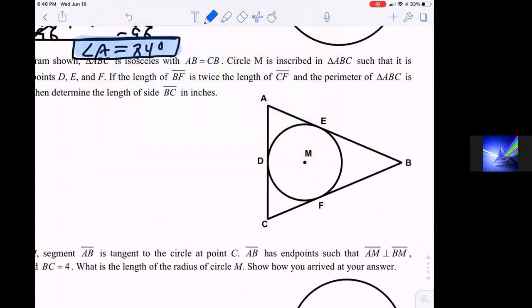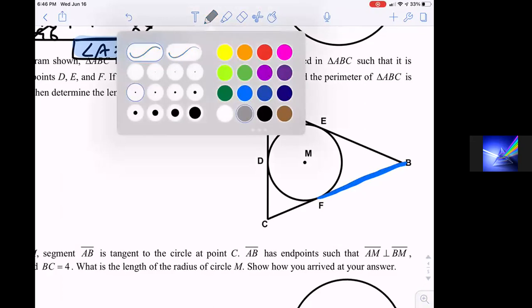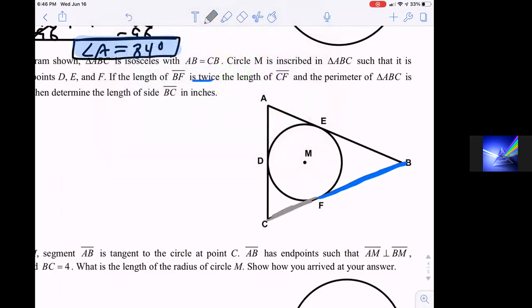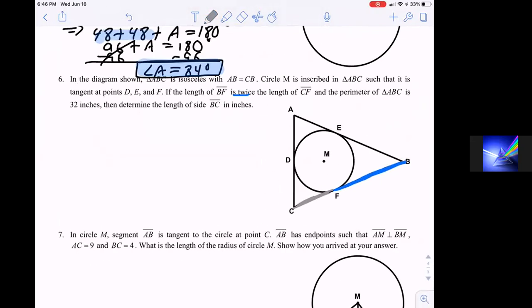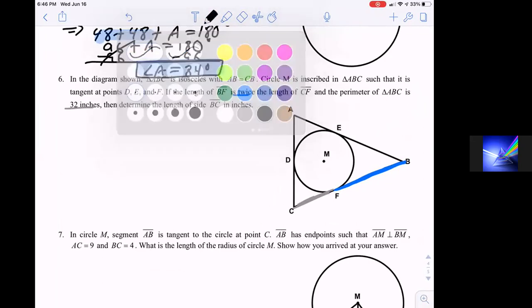The length of BF right here, the blue line, is twice the length of CF, the gray line. And the perimeter is 32 inches. Determine the side of BC in inches.